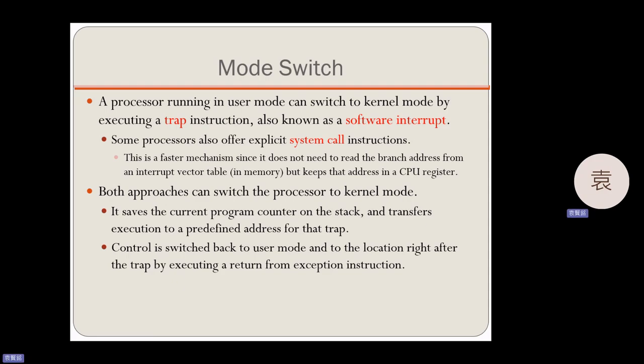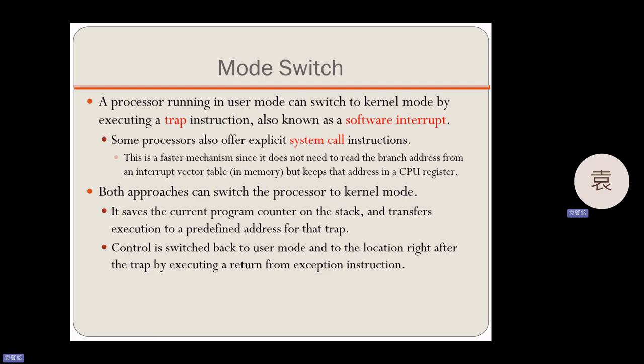For the trap type of mechanism, after you issue the trap instruction, not only does the mode transfer to kernel mode, but the CPU also goes to a specific vector, sometimes called the interrupt vector.